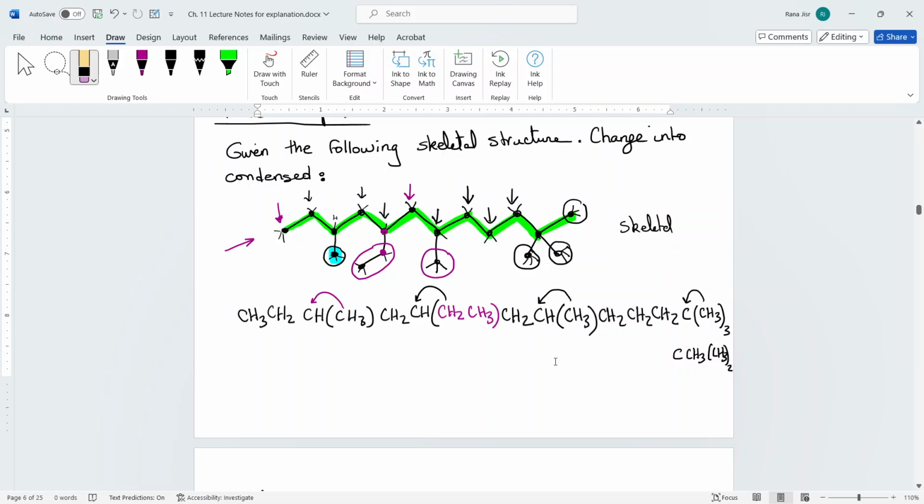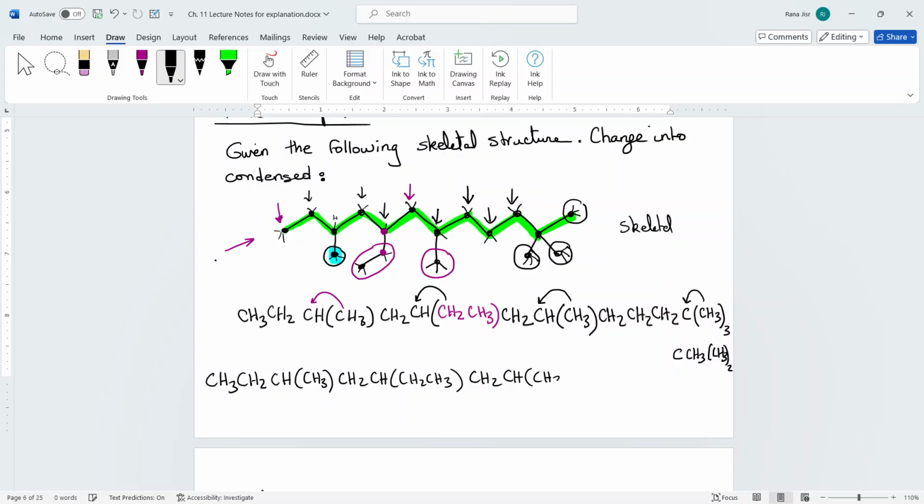So can I condense this molecule further? Yes, because here I do have a lot of CH2s that are next to each other. I can simply condense them. So let's draw it again. This is going to be the final condensed structure for the molecule. So that is going to be a CH3, CH2, a CH, CH2, CH3, and then a CH2.